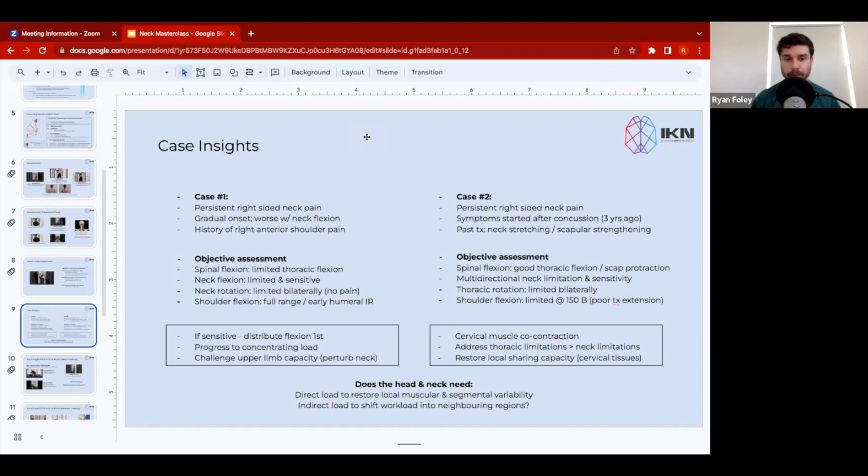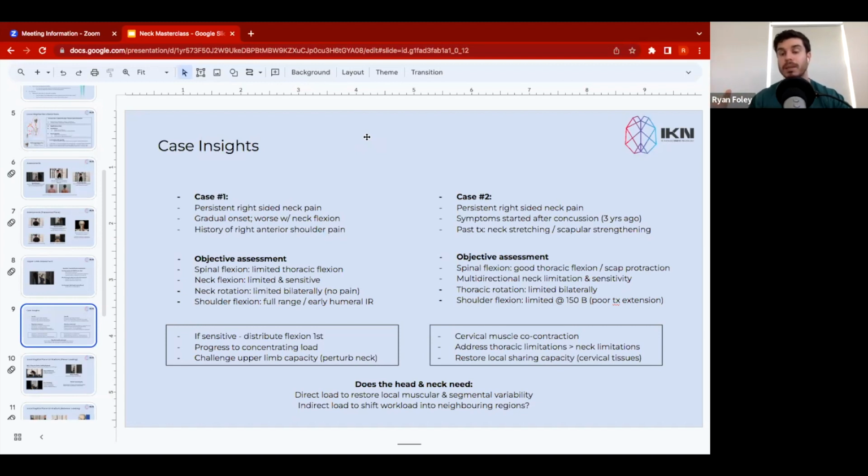Okay. So in these situations here where we have a client with limited thoracic flexion, a pain experience with head and neck flexion, then very often we'll actually begin to, especially if we're trying to directly load here. So when we go through these rehabilitation strategies, we're talking about strategies where we're directly loading the head and neck. Okay. In reality, when we have a client in a clinical situation, we may have to simultaneously load the upper limb as we're doing some direct load through the cervical spine, through the head and neck.